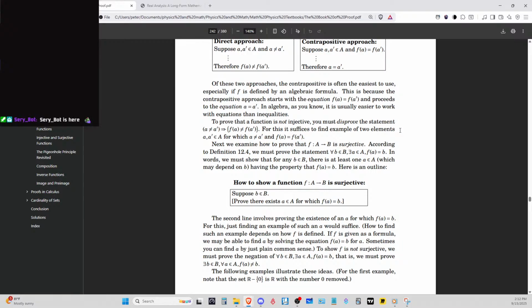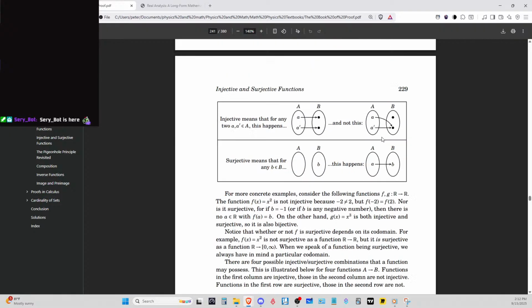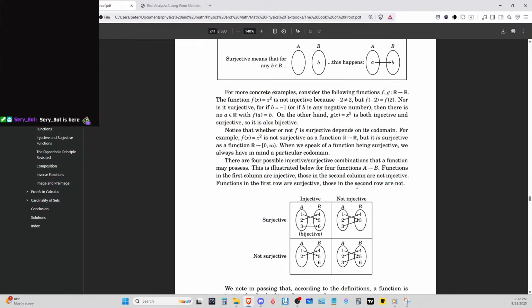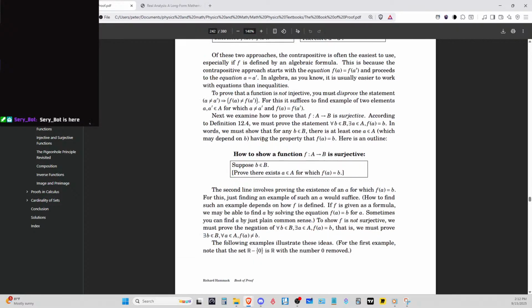Next we examine how to prove that f from A to B is surjective. According to the definition, we must prove the statement that for all b in B, there exists an a in A such that f of a is equal to b.